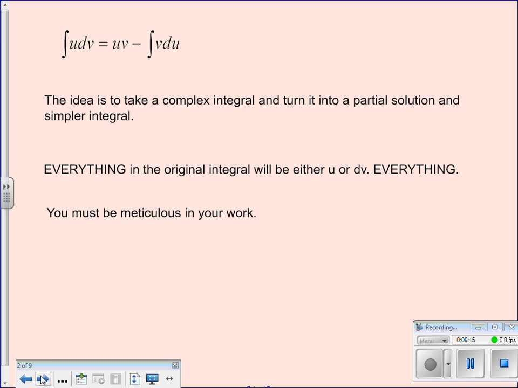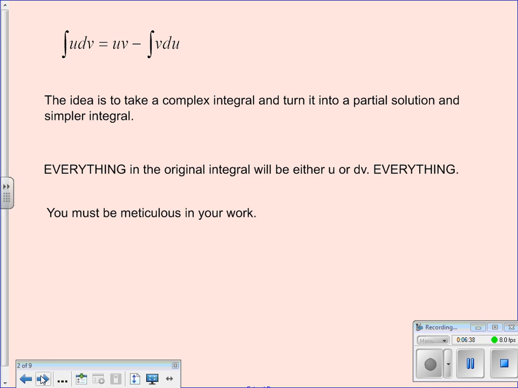Take something nasty, get a partial solution and an easier problem. That's what U substitution is. When we're doing that, take something nasty, make it into something easy. Same idea here, only it's something even nastier, so I can't come up with the full answer in one step.